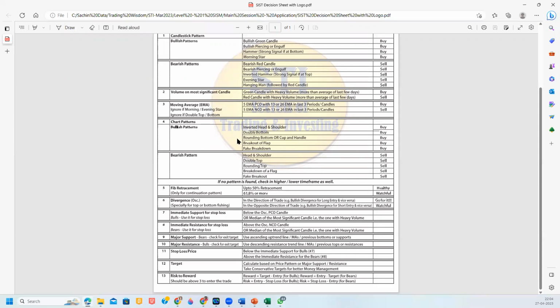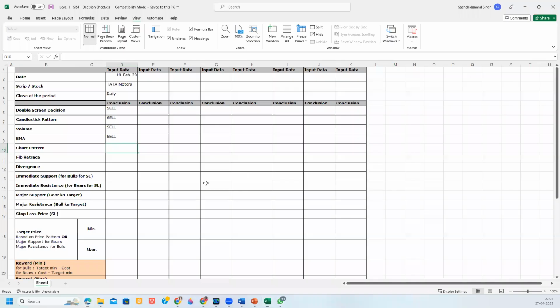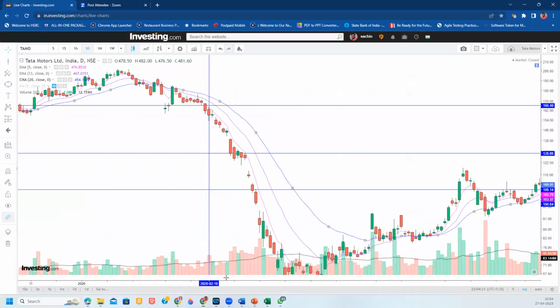These are examples of bullish patterns. And the bearish patterns are head and shoulder, double top, rounding top, breakdown of the flag, or fake breakout.